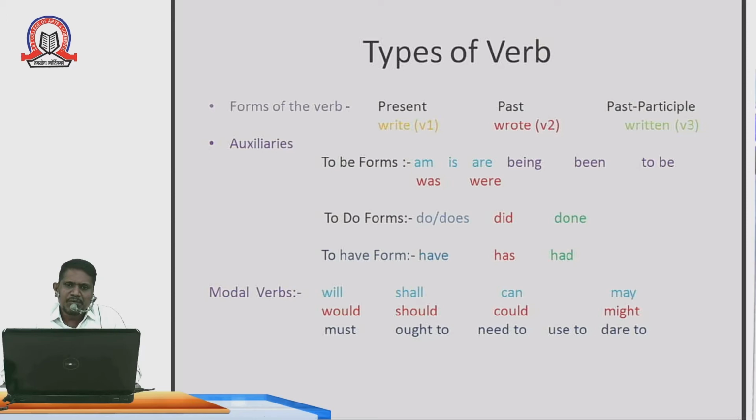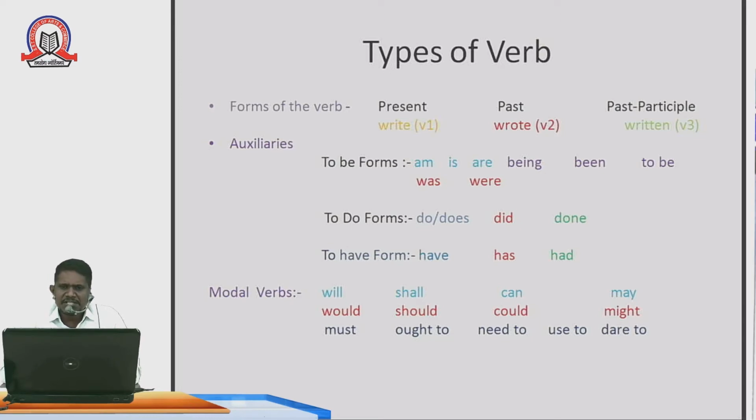In to be forms, how many auxiliary verbs are there? Am, is, are. These are called present auxiliaries. Am is used for I, is is used for he, she, it, and are is used for you and they. Their past tenses: am and is become was, and are becomes were.